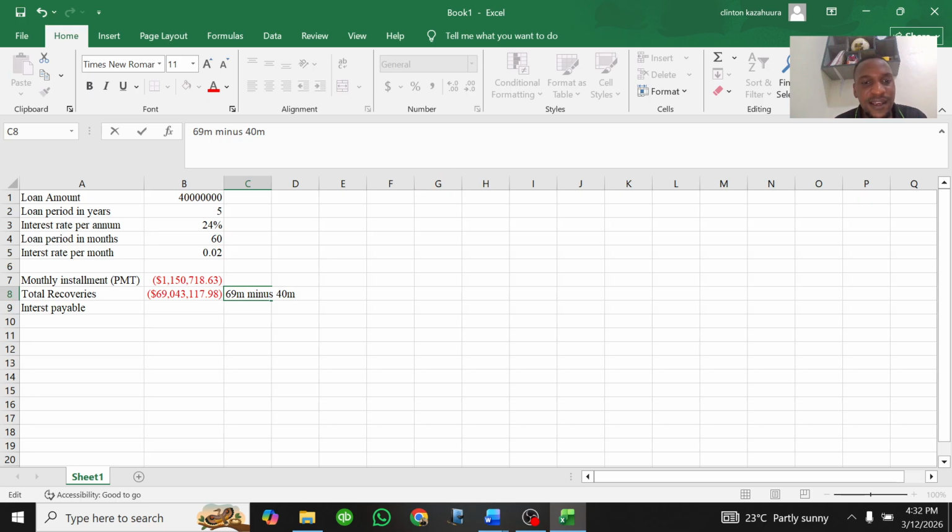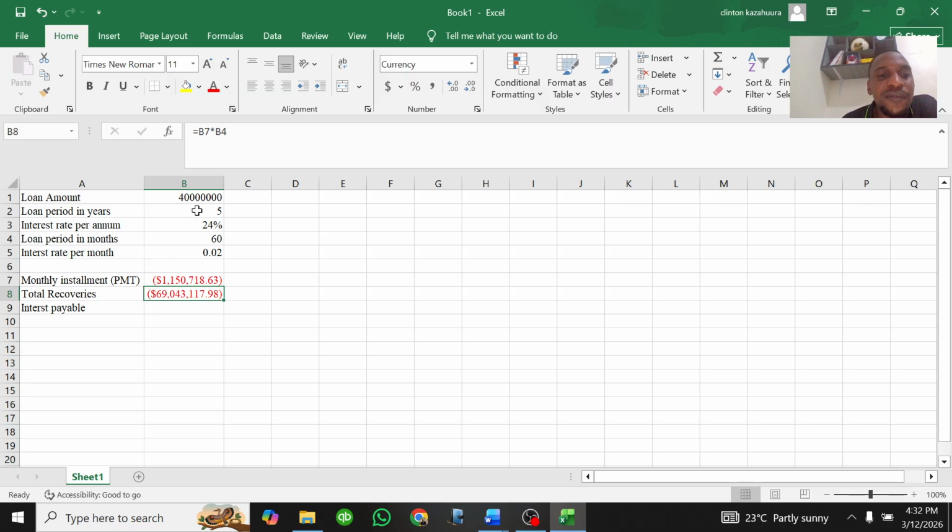But when you are applying your math concept, you see these total recoveries and the monthly installment are already negative, and a negative minus a positive will give you a negative. But my goal is to get 69 minus 40. Since 69 is already a negative, I'm going to simply add the 40 there.